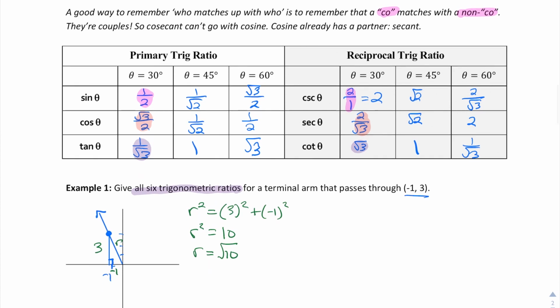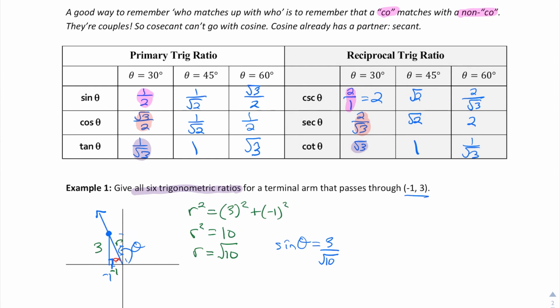So let's start with the regular primary trig ratios. So sine, remember theta looks like this, and theta is always related to alpha, which is the related acute angle. So sine of theta is the opposite over the hypotenuse, which is the same as sine of alpha. So I write it in, so opposite in this case is 3, my hypotenuse is root 10.